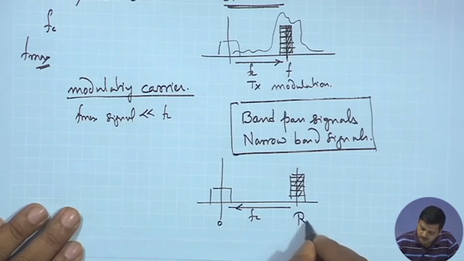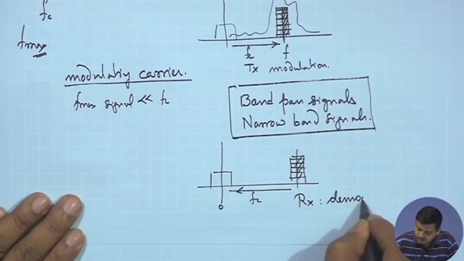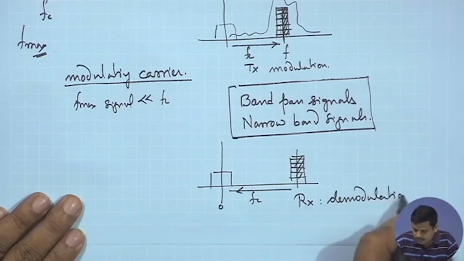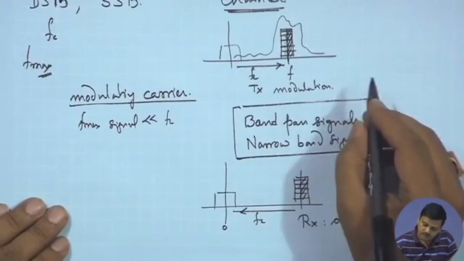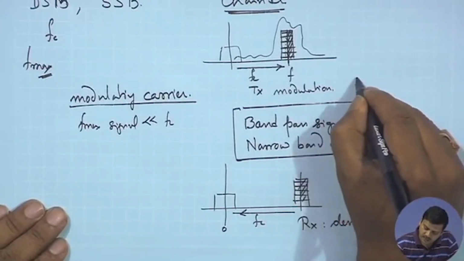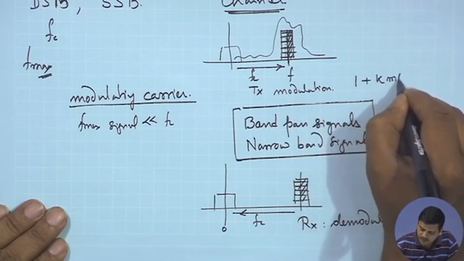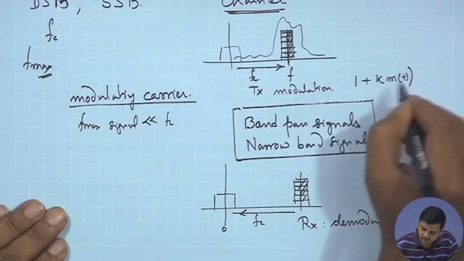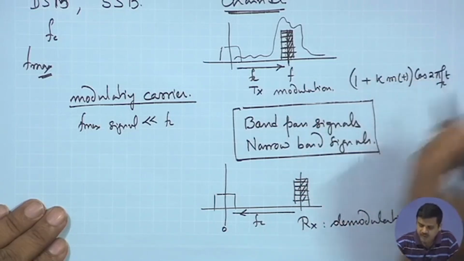So, this operation is usually done at the receiver, and it is called demodulation, and this is what you have studied already. So, for example, the modulation, you could say that I have my signal 1 plus some k times m of t, times cos 2 pi f c t, right.